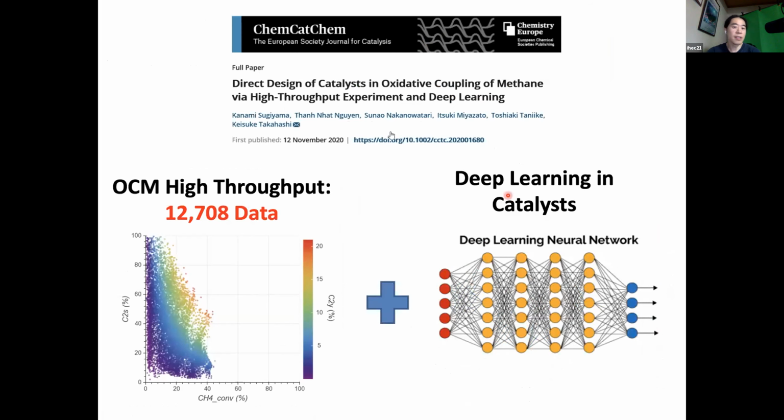And then the next thing we have done is we implemented deep learning, which some of you might have heard about. This is basically one of the most sophisticated artificial intelligence. So within this catalyst big data, we implemented deep learning and saw if we can design the catalyst. So that's what we have done.